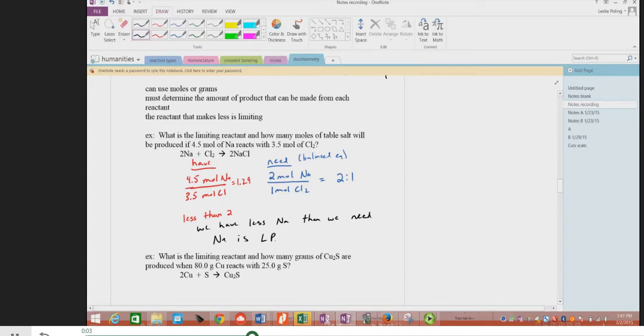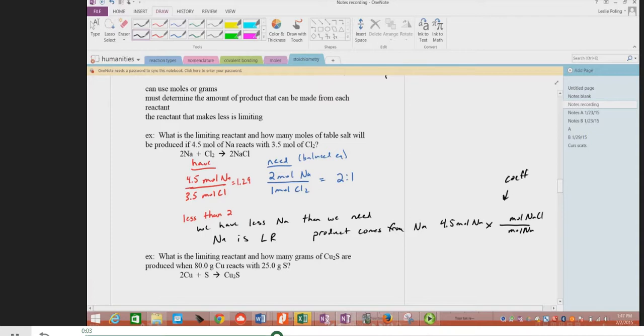So sodium is our limiting reactant. So that means the product comes from sodium. So 4.5 moles of sodium. We're going to put moles of sodium on the bottom, moles of product on the top.